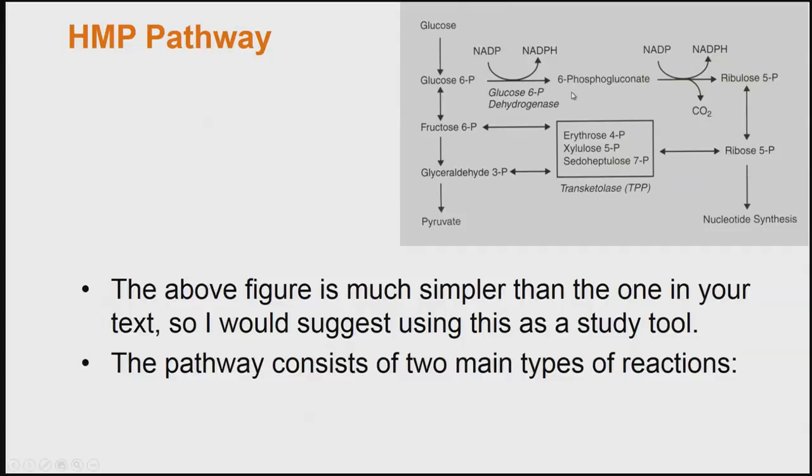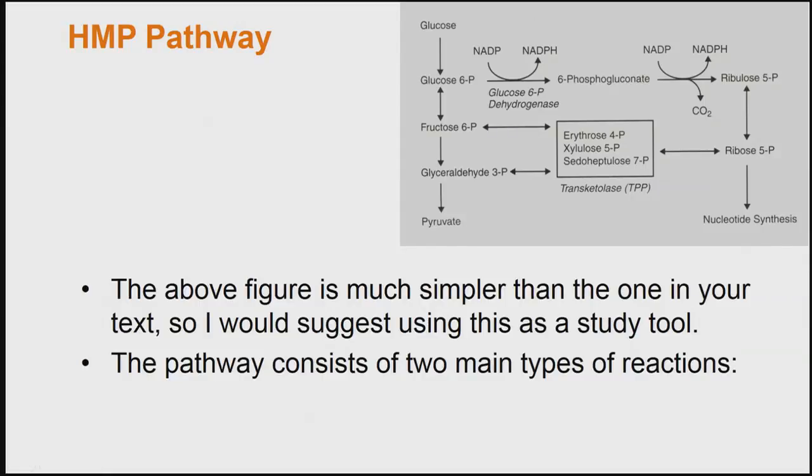Now, this is a figure I took from a USMLE review book, the Kaplan review book. So you guys will get that book eventually. I think they've even updated the figure now, and it's the same figure, it's just in color now. I like this figure because it cut out a lot of extra information, so I'm going to use it in this lecture.